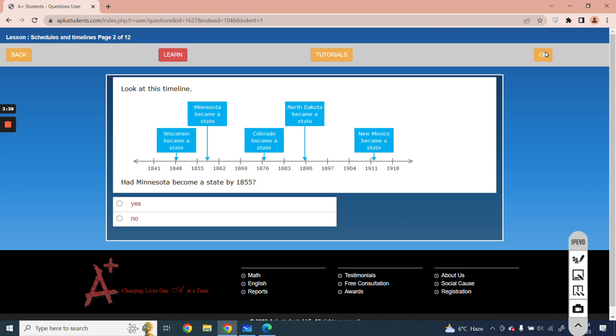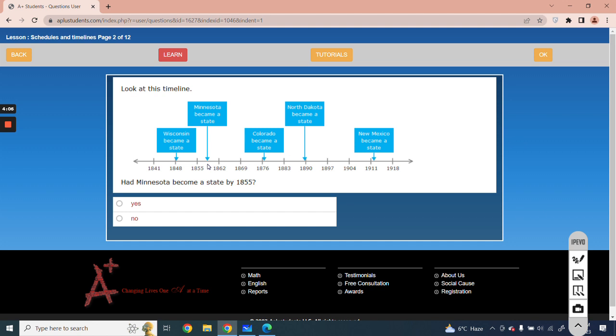Okay, look at this timeline. Had Minnesota become a state by 1855? Okay, just look at it, here it is. Minnesota became a state after 1855. Got it? Not before. See, here you have 1855 and it is after the 1845.